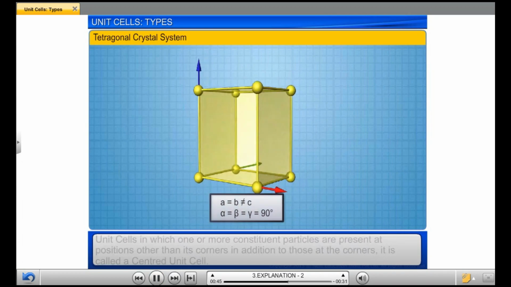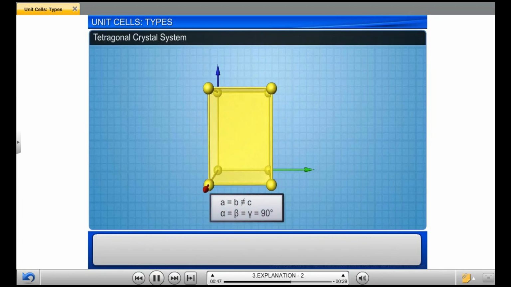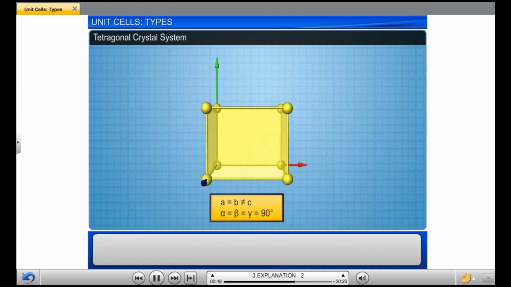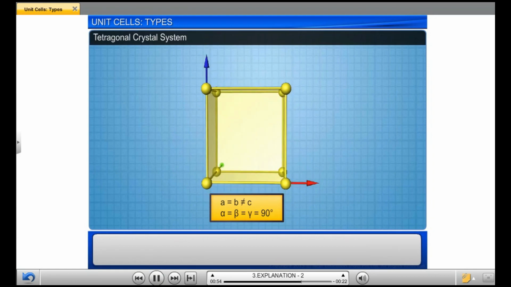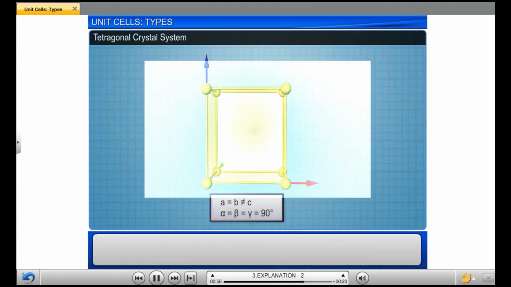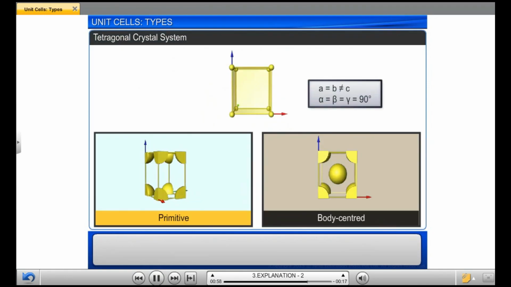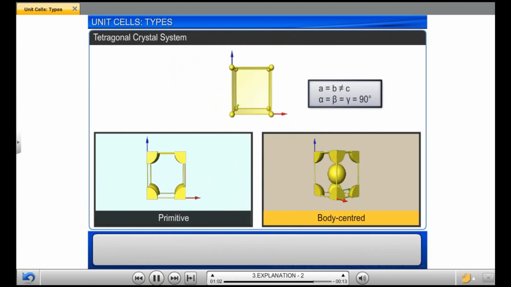In a tetragonal crystal system, the 3 axes are at right angles to each other, but only 2 are equal. The possible lattices are primitive and body-centered.